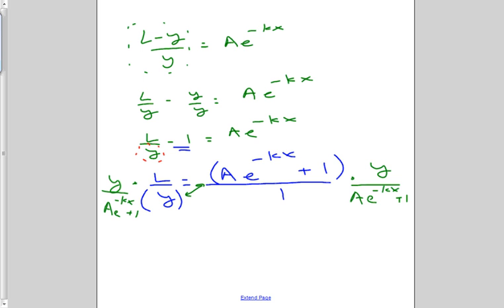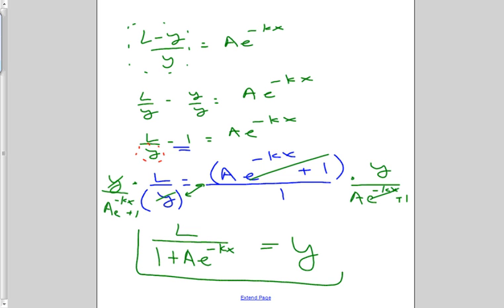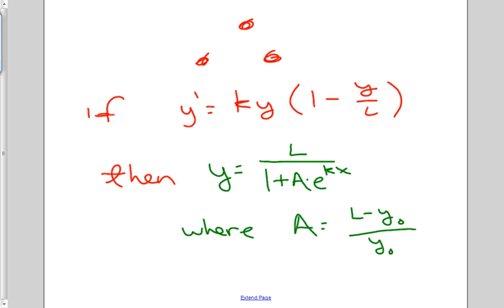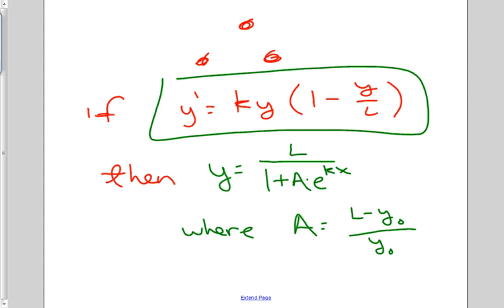And what we're left with is that y equals L over 1 plus A e to the negative kx. And this is our logistic model, where A equals L minus y naught over y naught. And therefore we get this relationship that if we have the following differential equation, this is the solution.